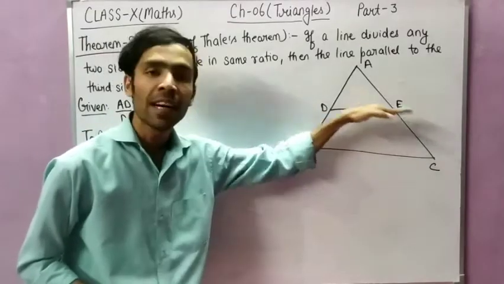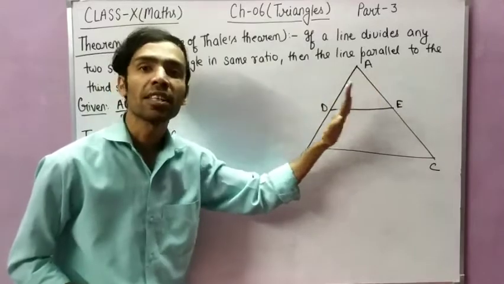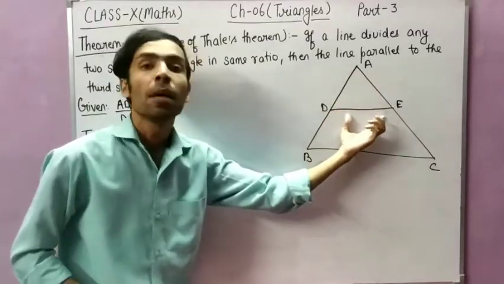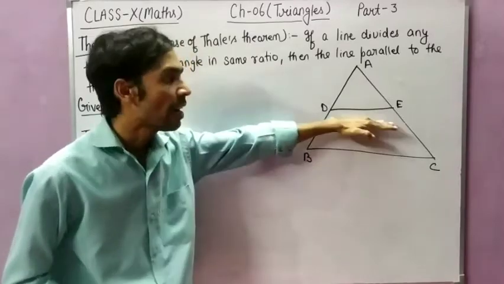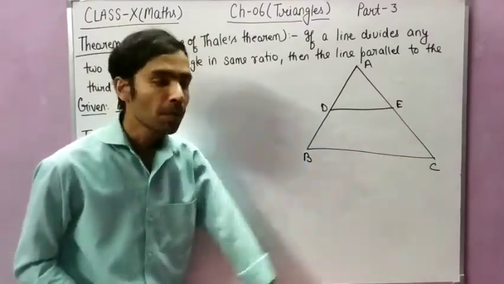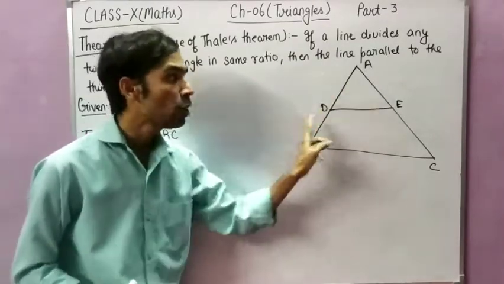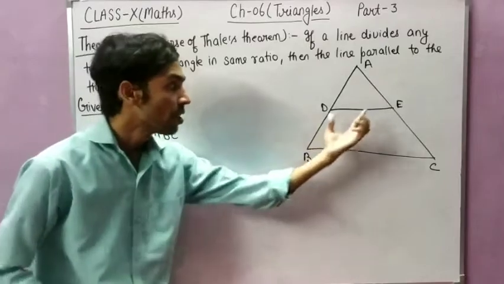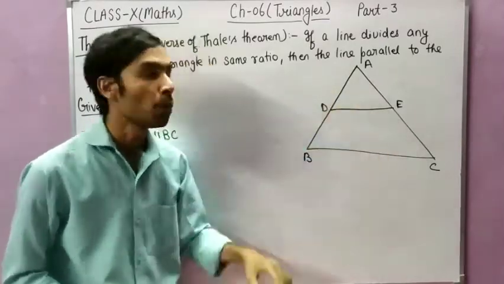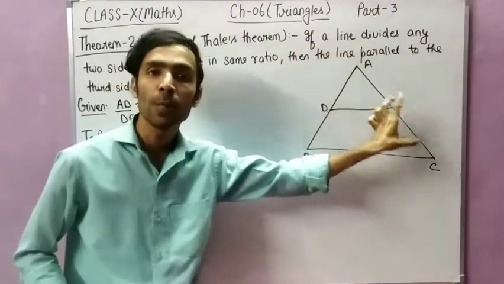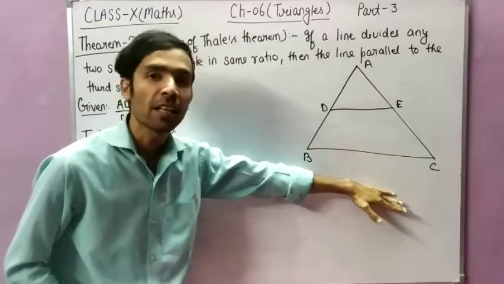If this line divides two sides of a triangle in the same ratio, then it will be parallel to the third side, whichever side is left. See, DE is dividing AB and AC in the same ratio, meaning AD upon DB is equal to AE upon EC, so that line will be parallel to the third side of the triangle. This we have to prove.